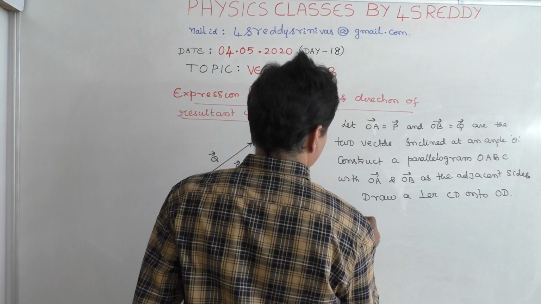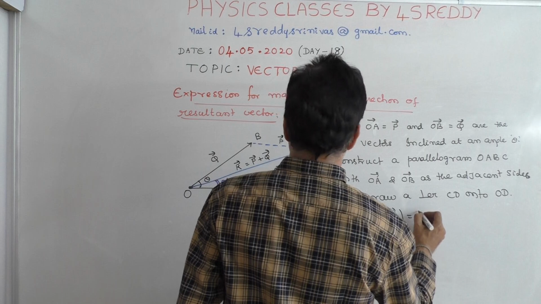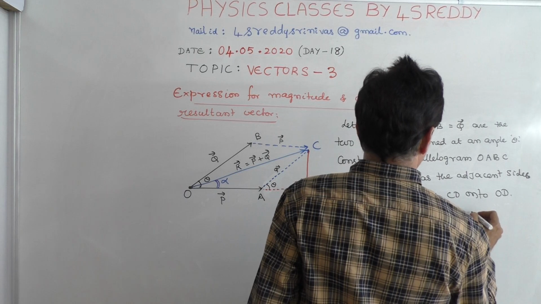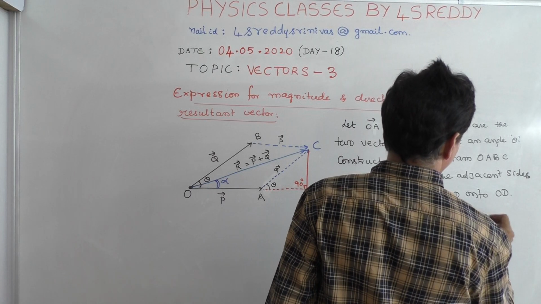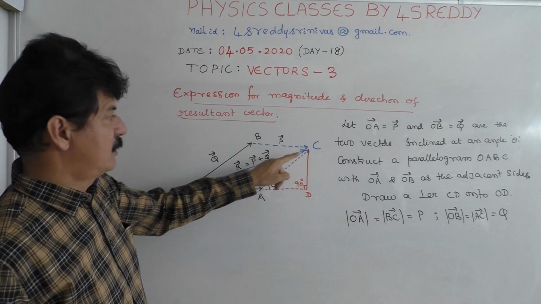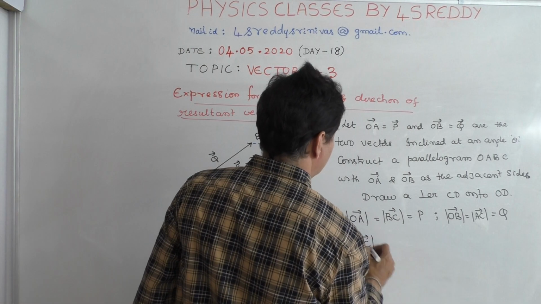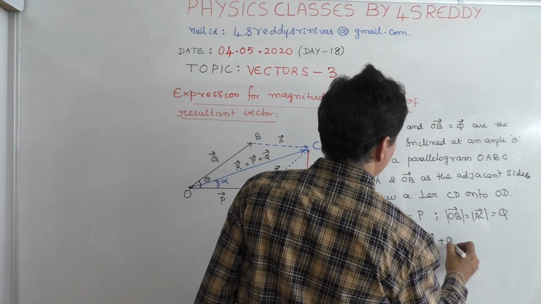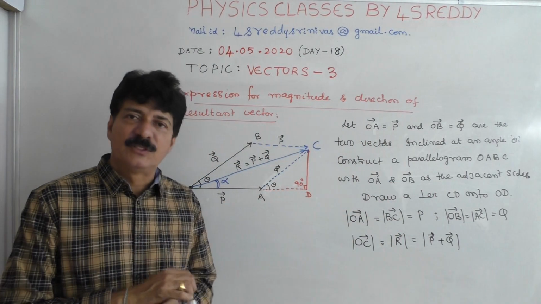Now, first of all, the magnitudes: OA bar equals BC bar equals P, and the magnitude of OB bar, magnitude of AC bar, is equal to Q. And the magnitude of OC bar is nothing but the magnitude of R bar, which is the magnitude of P bar plus Q bar. This is what we have to consider.